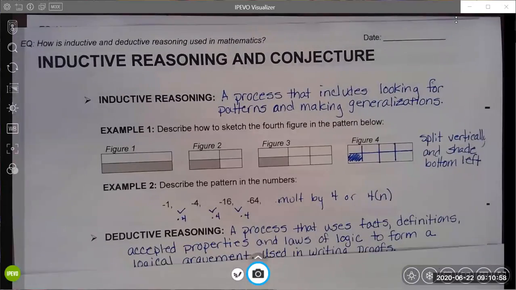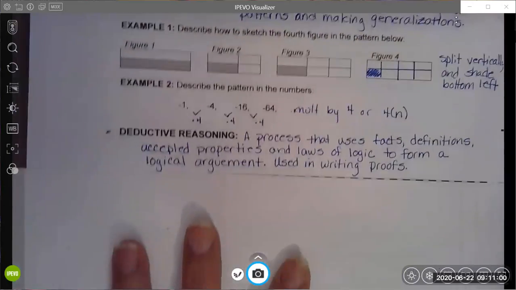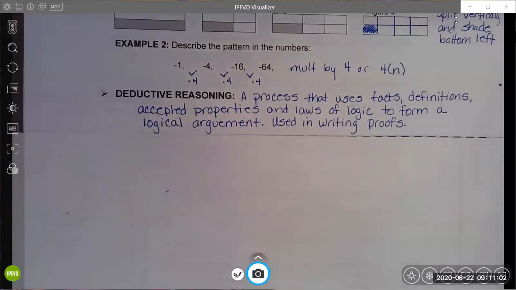There's another kind of reasoning that I would like to show you, and that is called deductive reasoning. Deductive reasoning was made most famous by Sherlock Holmes in his shows, and if you watched the modern day Sherlock, that would be another example. Deductive reasoning is a process that uses only facts and definitions and properties and laws and logical arguments.